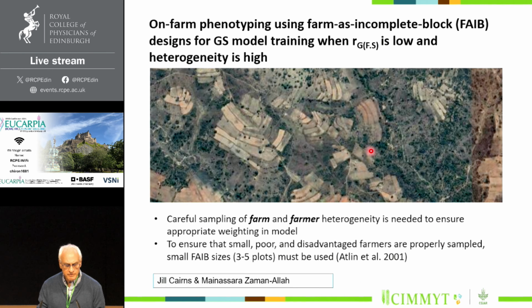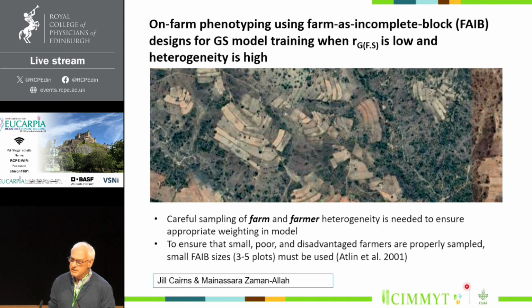We're often dealing with very small farms in very heterogeneous environments, farmers with very different capacity to access production resources. So careful sampling of farm and farmer heterogeneity is needed to make sure that your model is accurate.